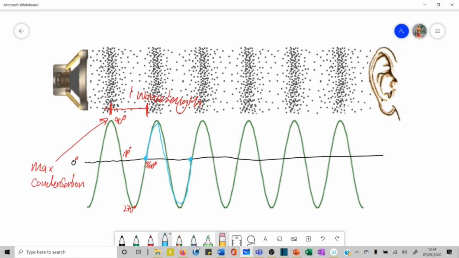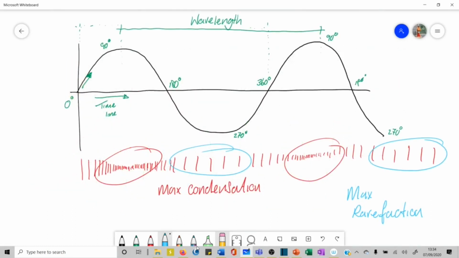Okay. Now the other thing I just want to show you is something that might be a little bit confusing, and I do hope you understand this bit. If we go back to the other image, this particular image here, this is the displacement wave.